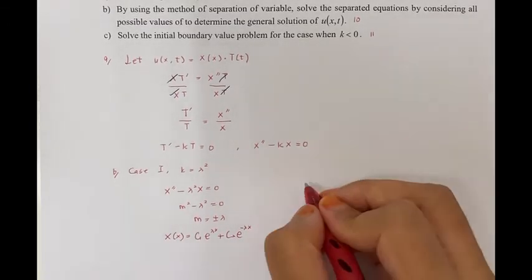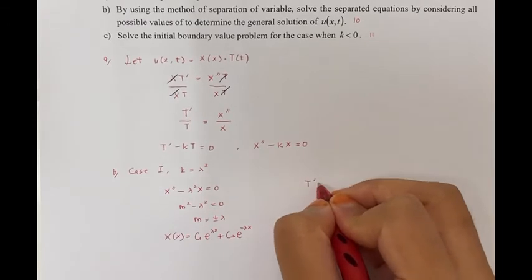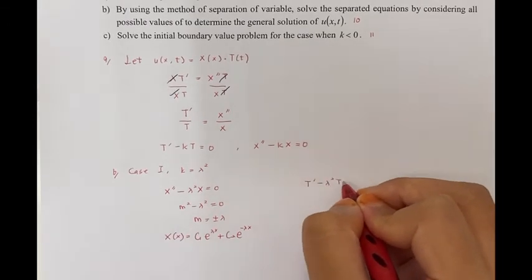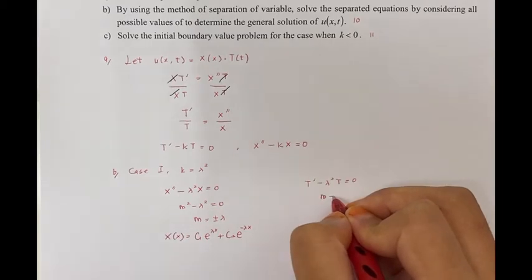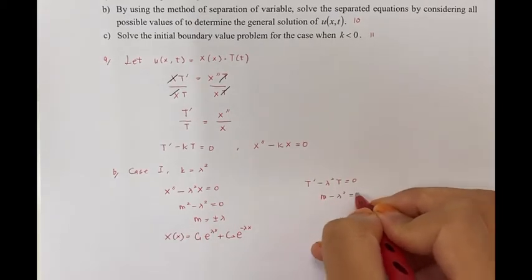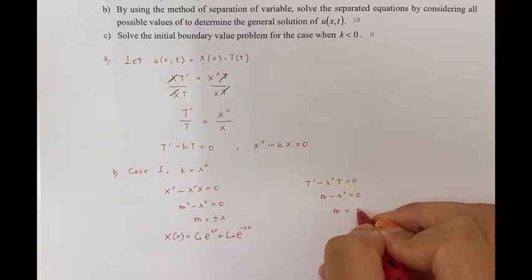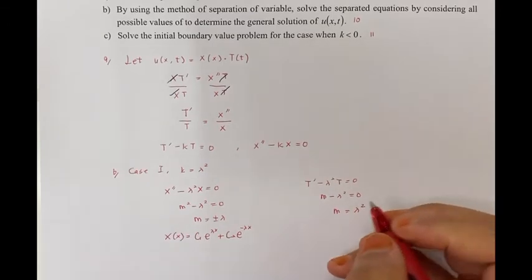For T, T prime minus lambda square T equal to 0. So m minus lambda square equal to 0, we have m equal to positive lambda square.